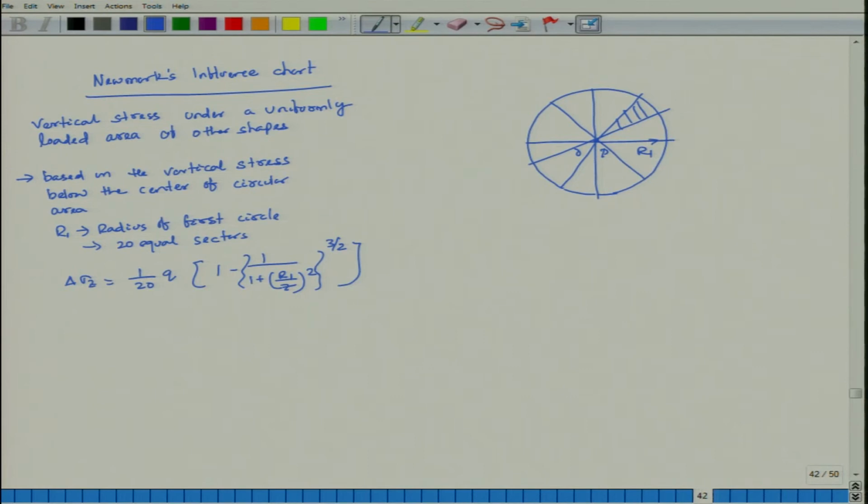Let us say the vertical stress is given by an arbitrary fixed value, let us say it is 0.005 q here.